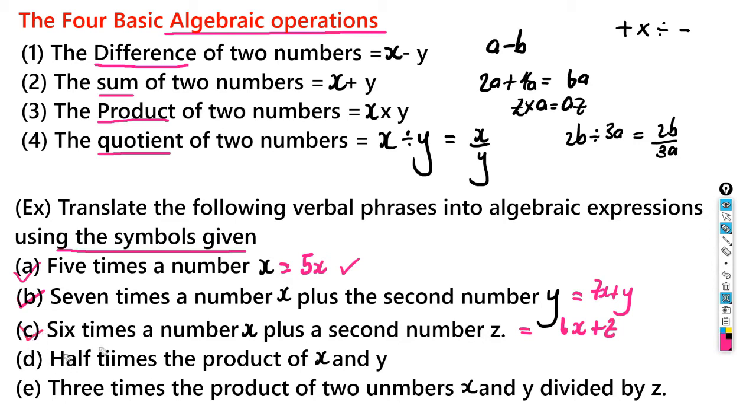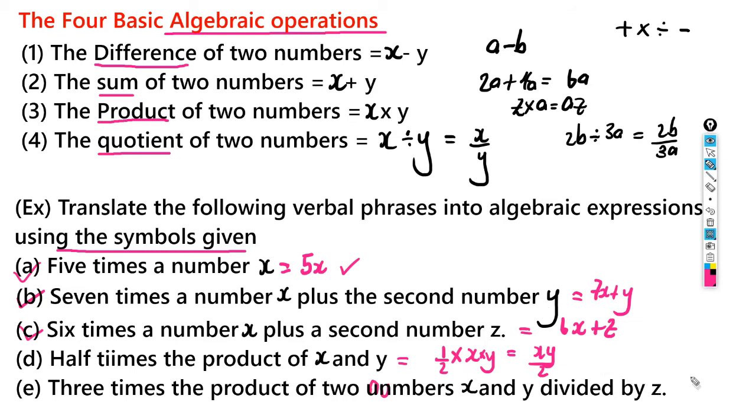Then D says half times the product of x and y. So this is a half times the product of x times y, which would end up being xy over 2. Then the last one says 3 times the product of two numbers x and y divided by z.